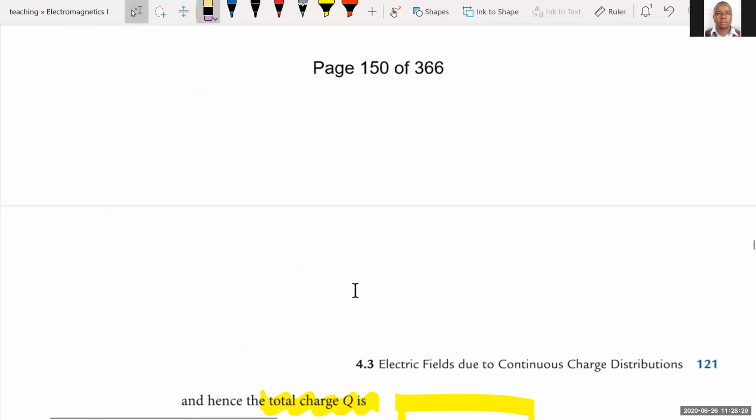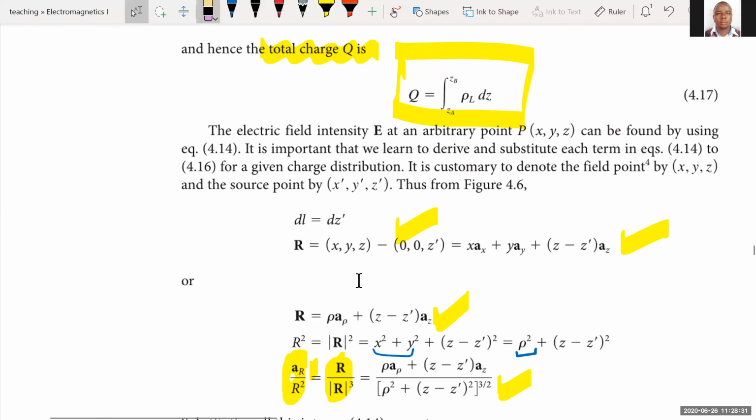There are some derivations that you will be doing, and I am not going to delve much into them. All I will do is point out the most important aspects.